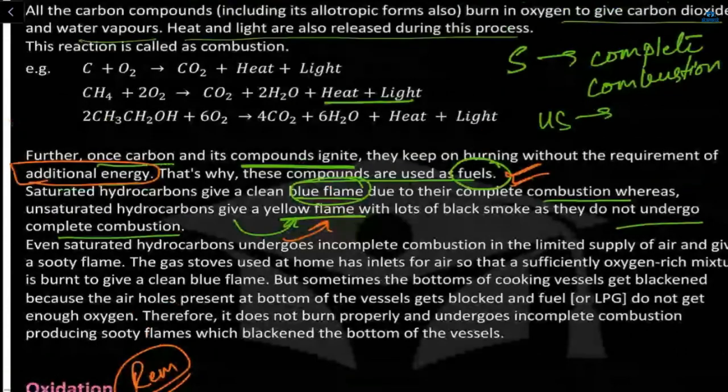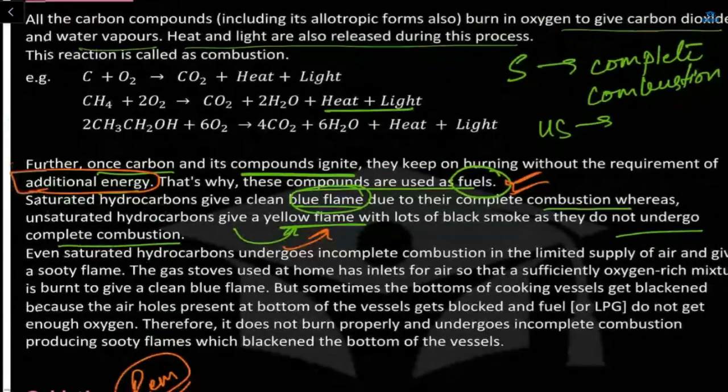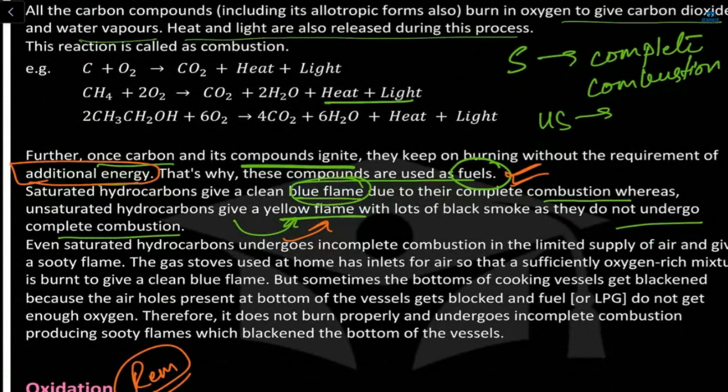So those are the two things, saturated and unsaturated, and they are used as fuels. On the left hand side, the hydrocarbons and the oxygen will be there, and during this process you will get carbon dioxide plus water and heat and light as well. So this is known as combustion.